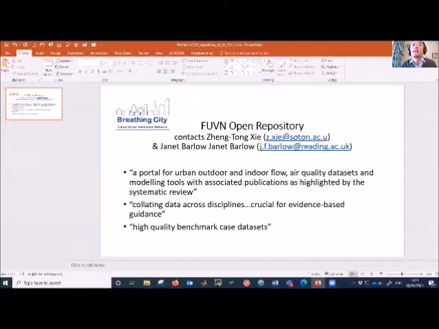The second point is collecting data across disciplines, crucial for evidence-based guidance. The third one is higher quality benchmark case studies and a case database. Janet Barlow and I are the contact persons, but we need members to contribute to this open data repository.